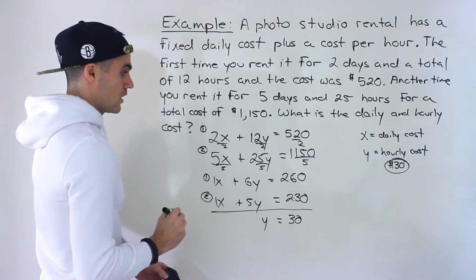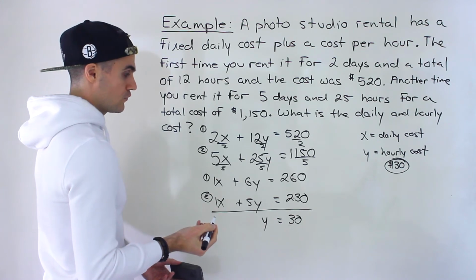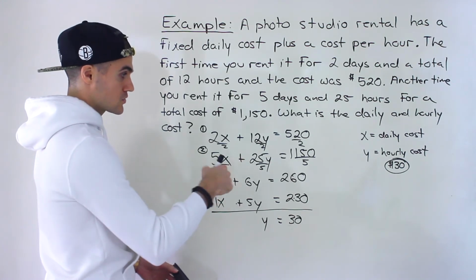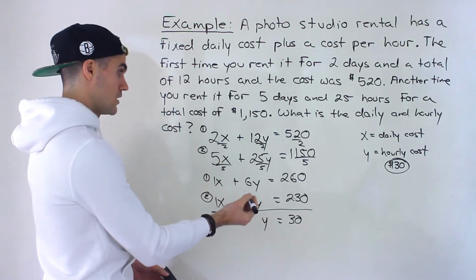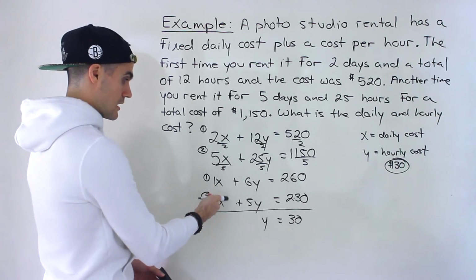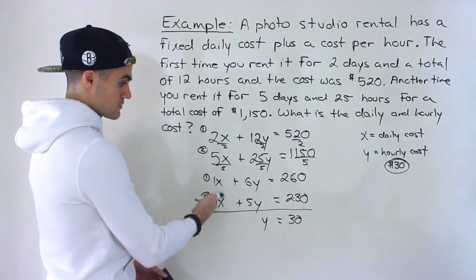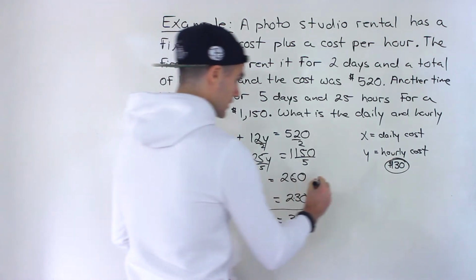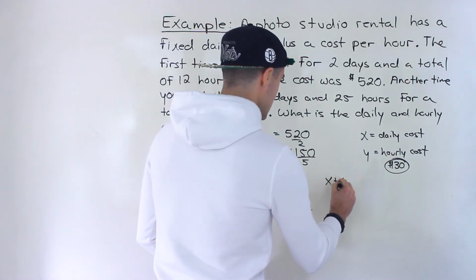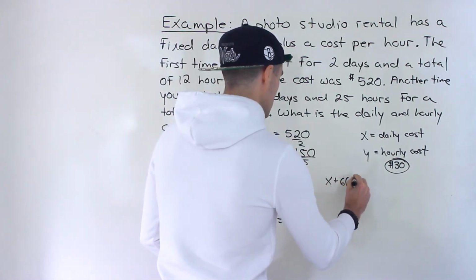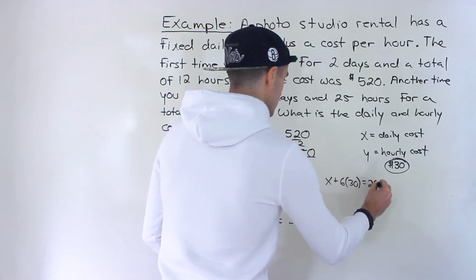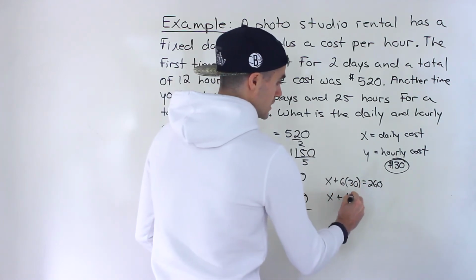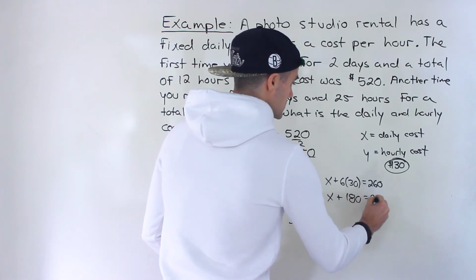And then if we want to solve for the corresponding daily cost or the corresponding x value, we could plug them into the originals. I'd rather just plug them into one of these, because the x is already isolated. So let's plug it into the first one. x plus 6 times 30 is equal to 260, so we'll have x plus 180 is equal to 260.